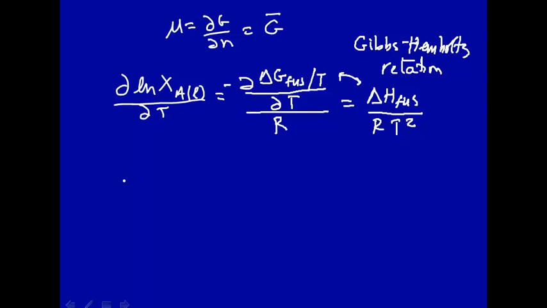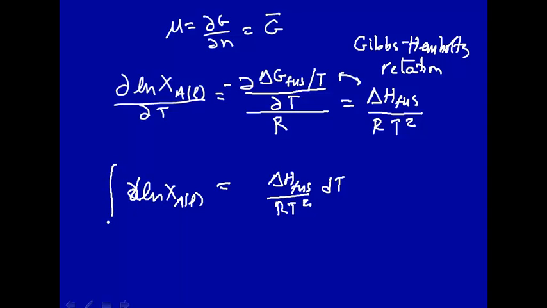All right, so now let's separate the terms here. So this is how natural log of the mole fraction of A in the liquid is equal to delta H of fusion over RT squared with the dT over here. So we're going to integrate the total differential here, from the melting point, or the freezing point, it's the same thing.